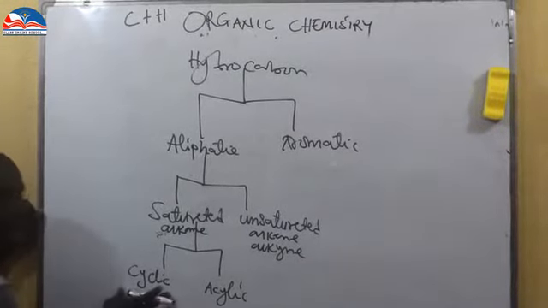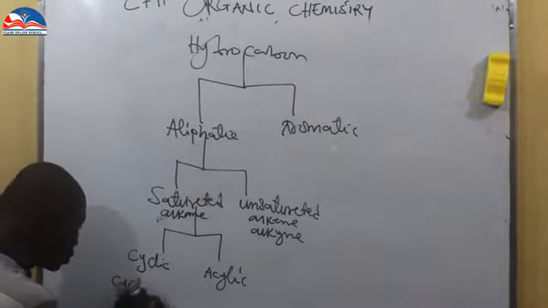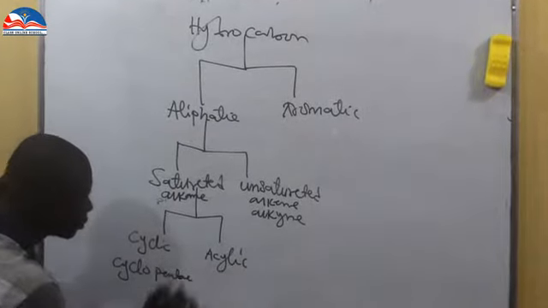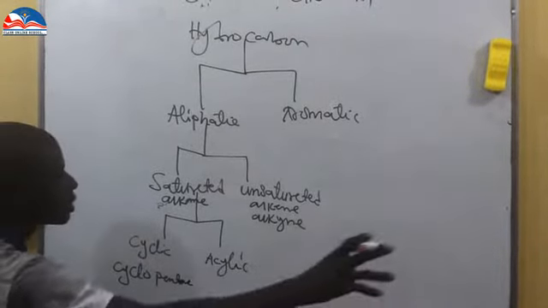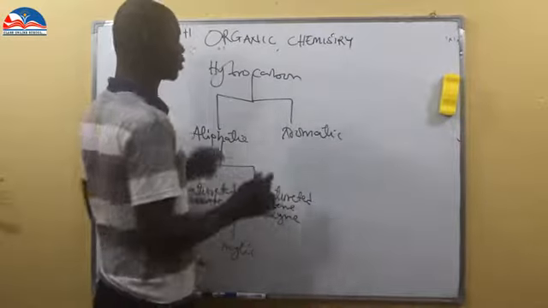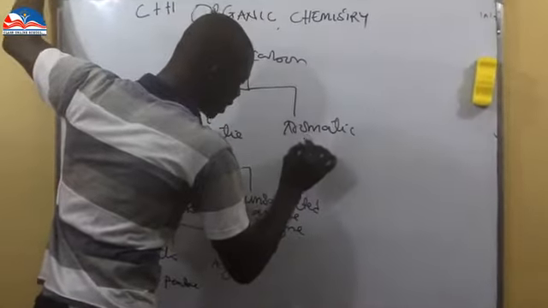When you go to cyclic, an example of cyclic is what we call cyclopentane. Acyclic means straight chain, the normal ones. Then when you go to the aromatic, you are going to have number one, benzene.